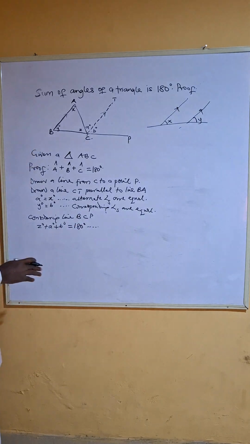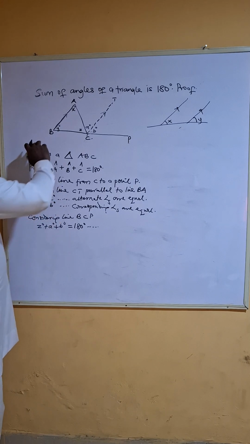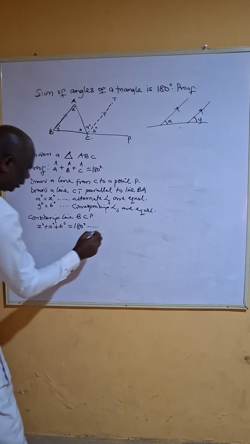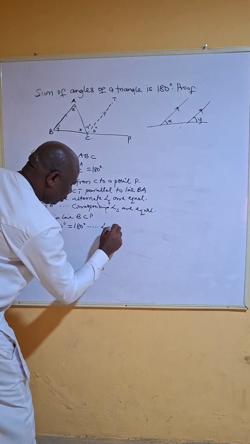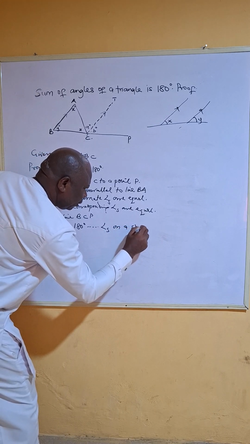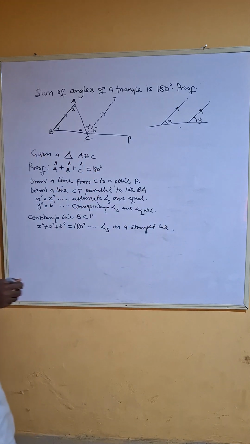What is the reason behind this? Angles on a straight line. Angles on a straight line is equal to 180 degrees. Okay, angles on a straight line.